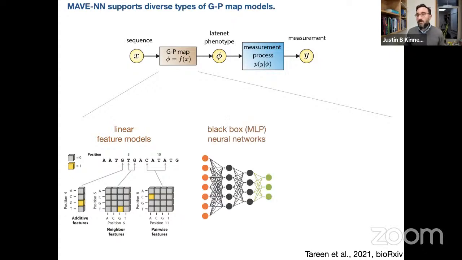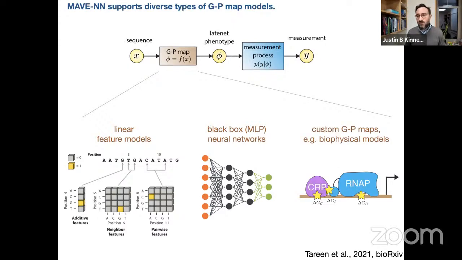MAVE-NN supports black box neural networks, such as deep multi-layer perceptrons, and also supports custom genotype-phenotype maps that can be defined through subclassing. And these can represent, for example, biophysical models of protein folding and binding, or biophysical models of gene regulation, of transcriptional regulation by promoters or enhancers.